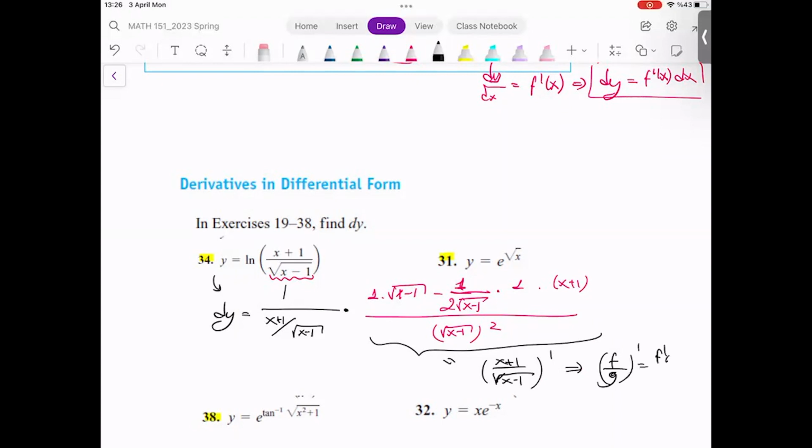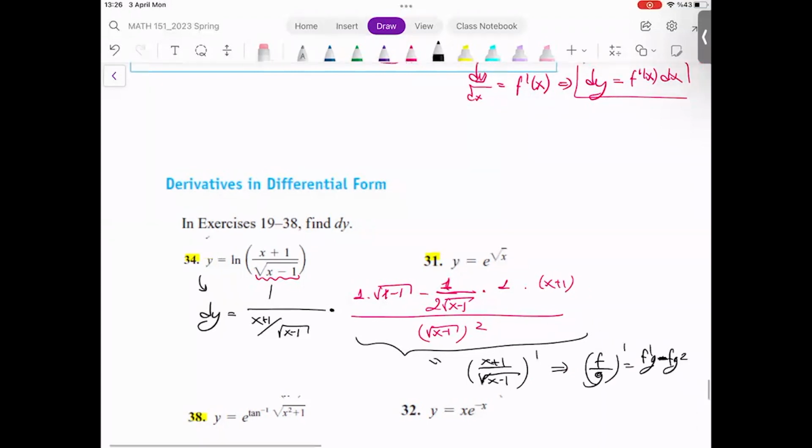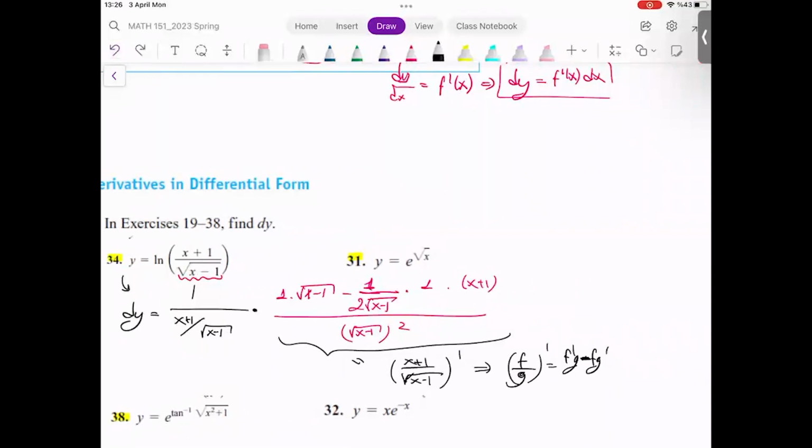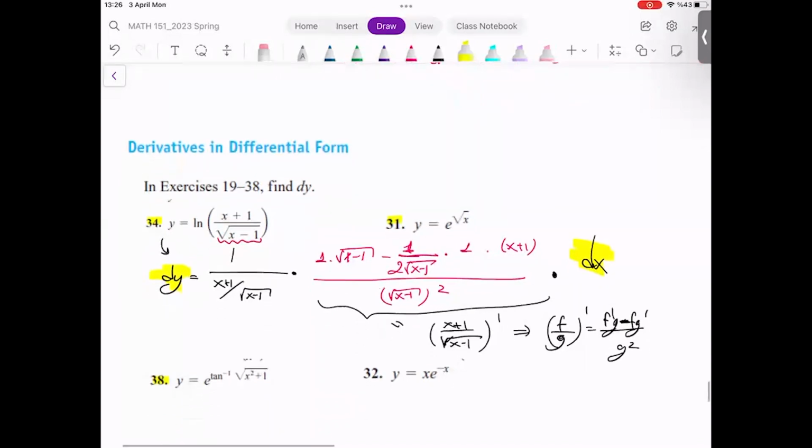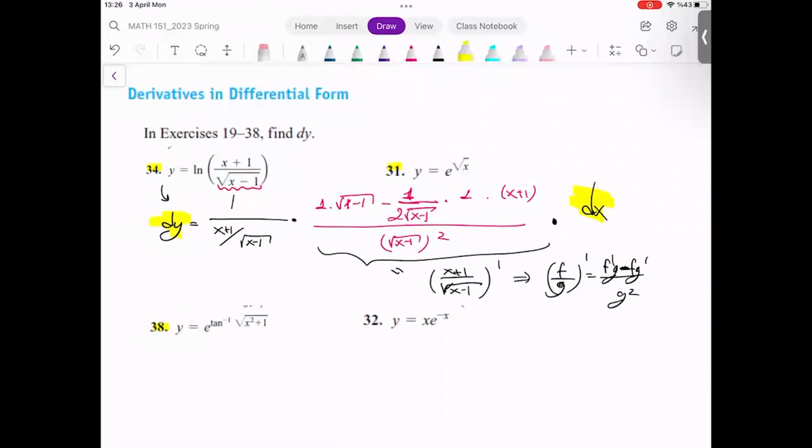Remember? f prime g minus f g prime, divided by g squared. We apply this. Okay, and then at the end, you shouldn't forget to multiply it with dx. That's because you are computing dy, you need to multiply the derivative with dx. This is the differential of y. Is that okay?